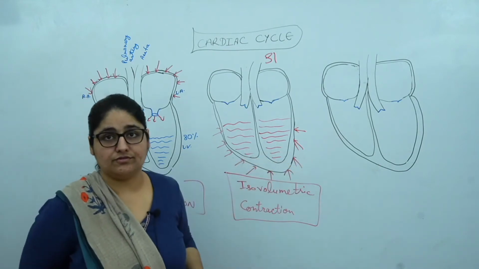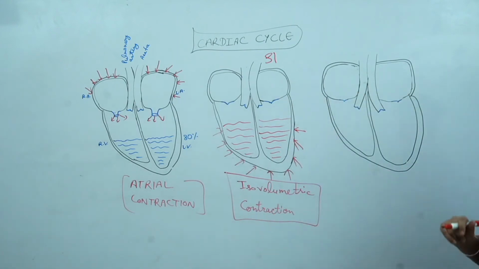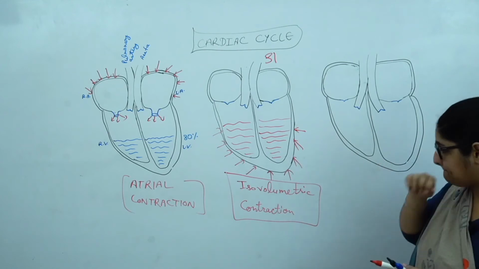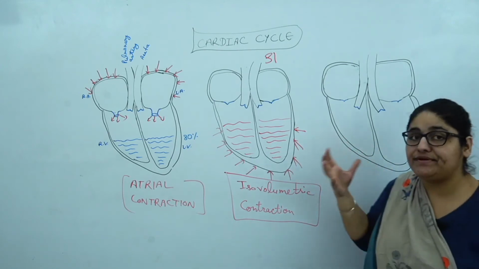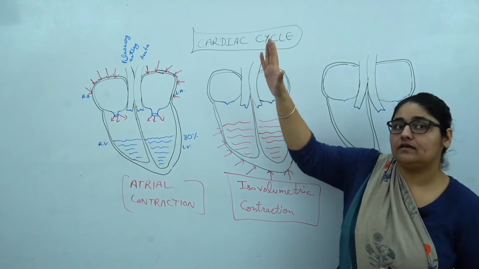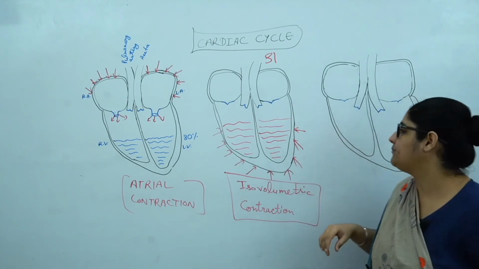Now we will move on to the third stage. Now what will happen? When the ventricles are contracting rapidly, slowly the pressure will come higher and higher in the ventricle.